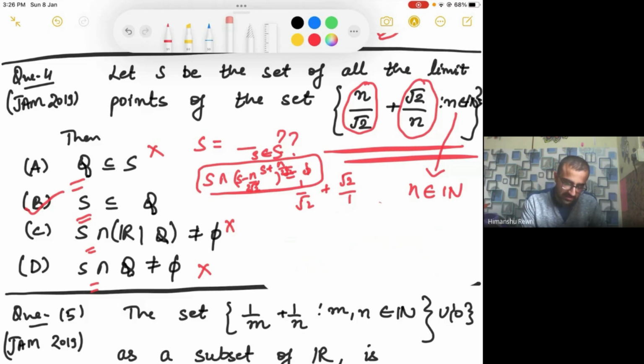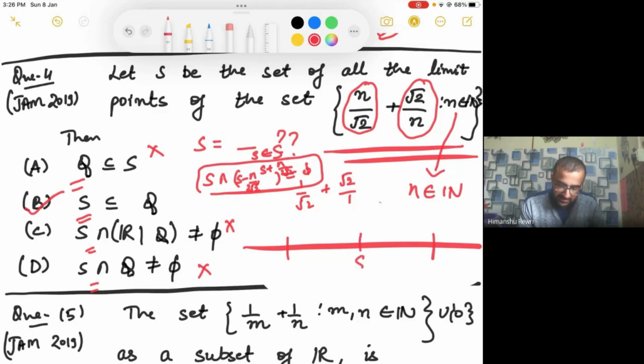So I'm saying that if these 2 points are there, and this is some point s in S, then take the difference of n divided by root 2 and n divided by 2 root 2 from both sides.